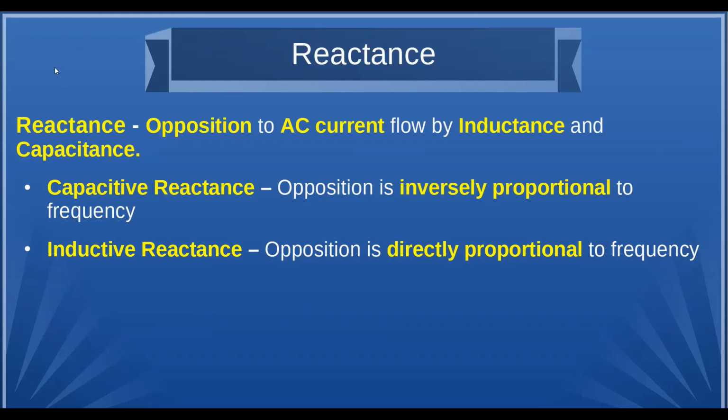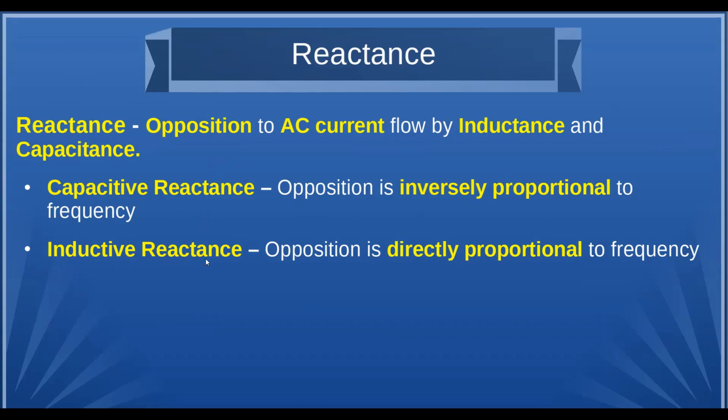Okay, reactance. It's the opposition to AC current flow by either an inductance or capacitance, a capacitor or inductor. And they behave differently with AC current. If it's a capacitor, we call it capacitive reactance, and it's inversely proportional to the frequency.